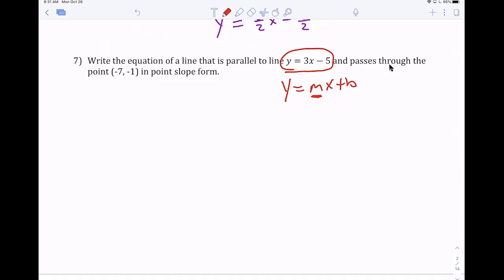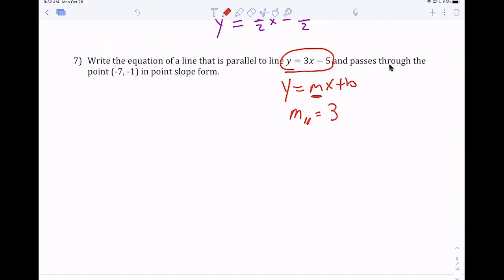So I'm going to write the parallel symbol. Slope of the parallel line would equal what, Reagan? Just tell me, what's the slope of the parallel line? 3. Thank you. All right, what point is it passing through?